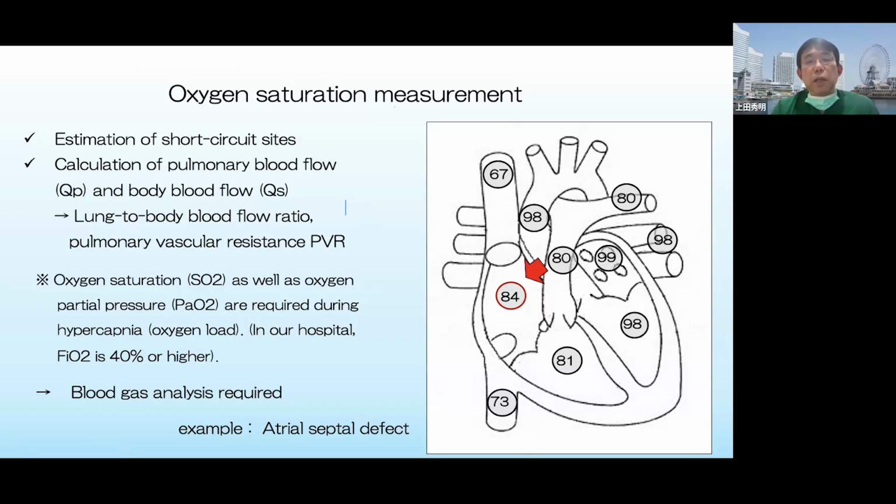And also, for example, if the patient had PDA, maybe the patient had a VSD, and the resistance was around 15 or 16 Wood units, we cannot perform the VSD closure, we could not close the PDA. So at that time, we should do something else.